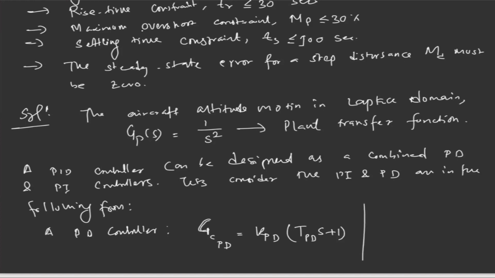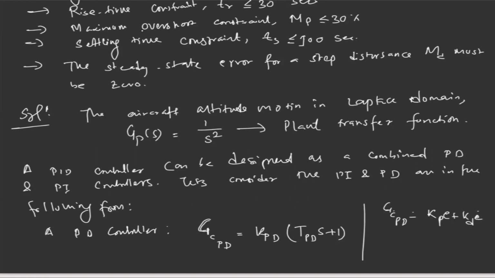Basically, if you look carefully, it is the PD controller. We can write GCPD equal to KP E plus KD E dot.